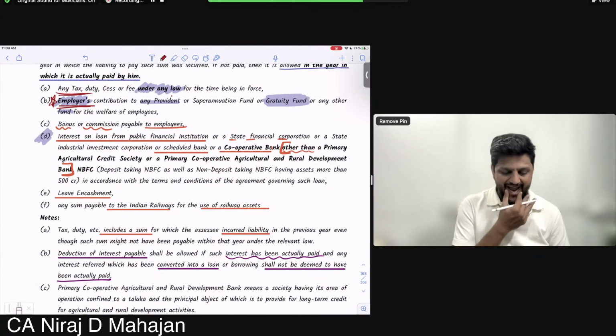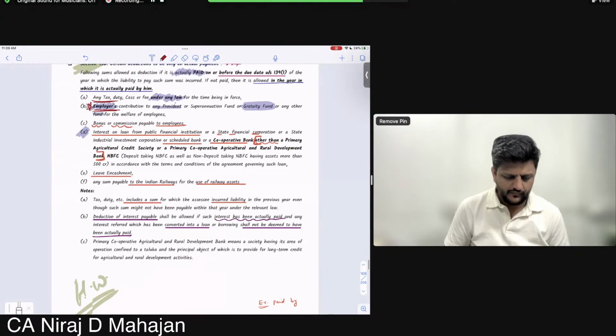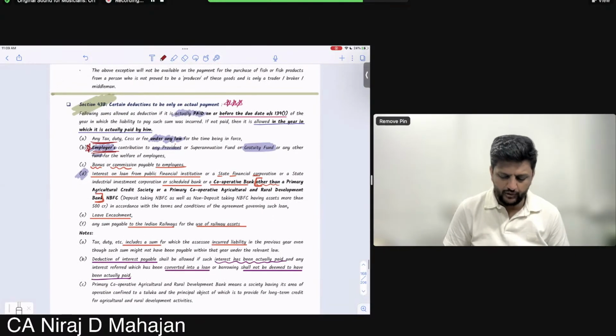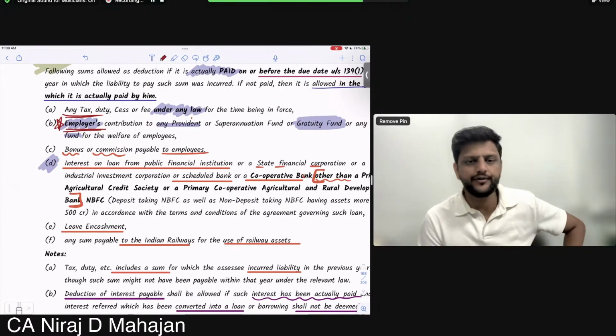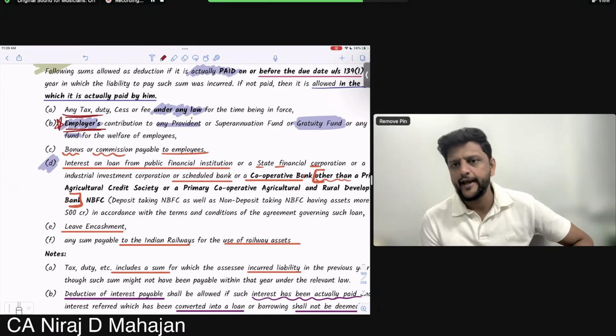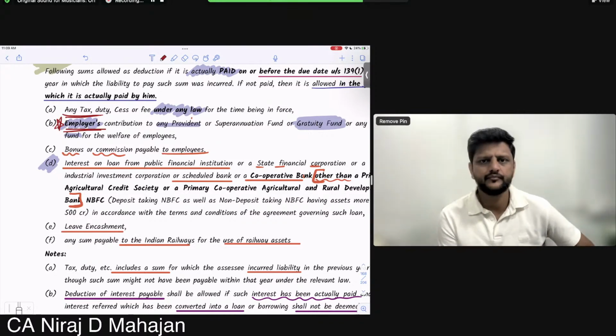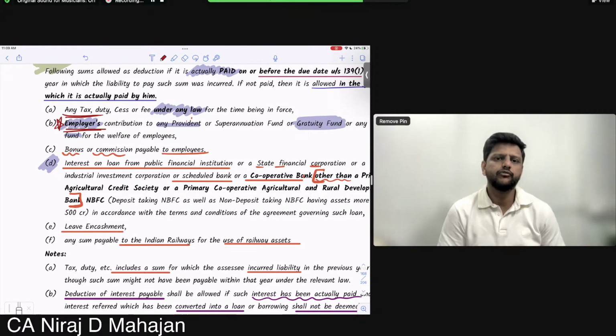Check here. Employer's contribution to any provident fund or superannuation fund or gratuity fund, that gets covered under 43B. But payment to employee is not covered, bacho, under 43B.